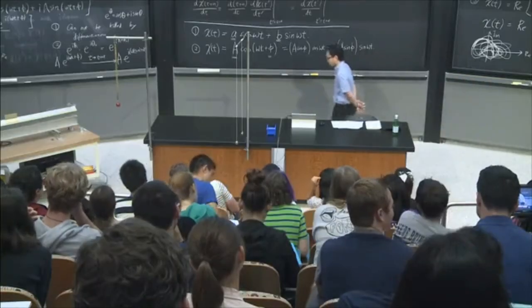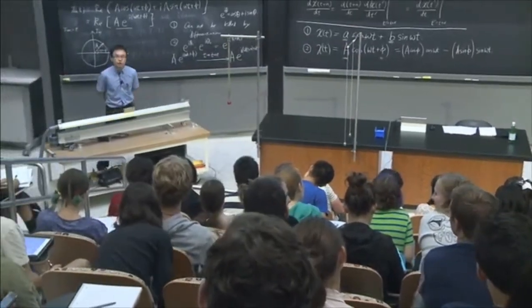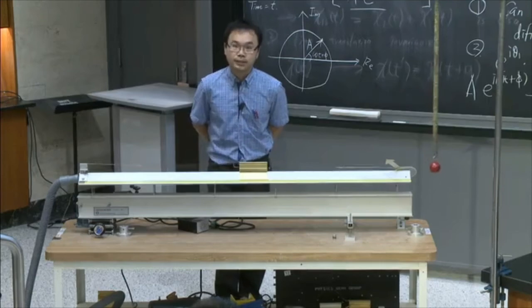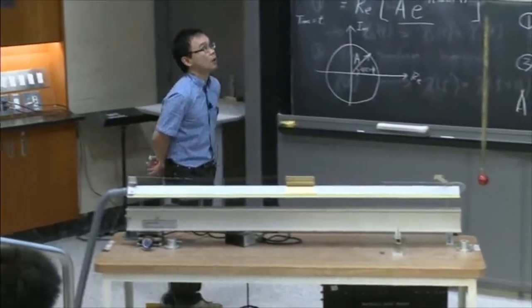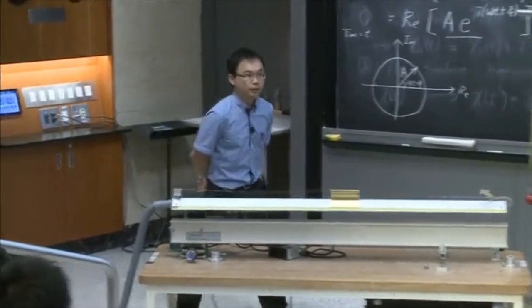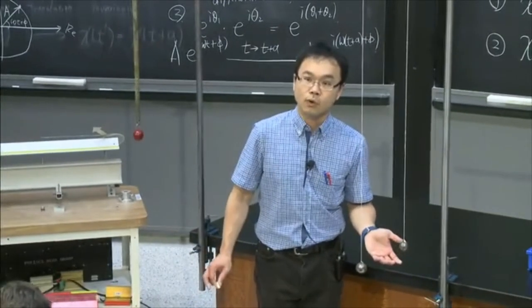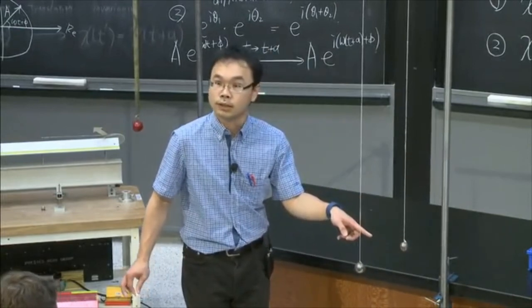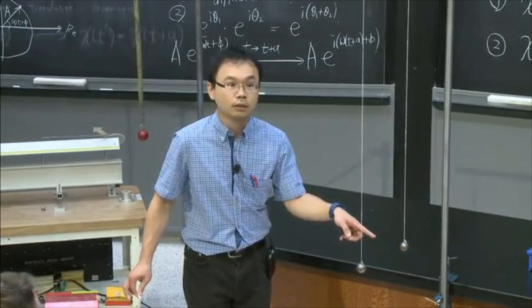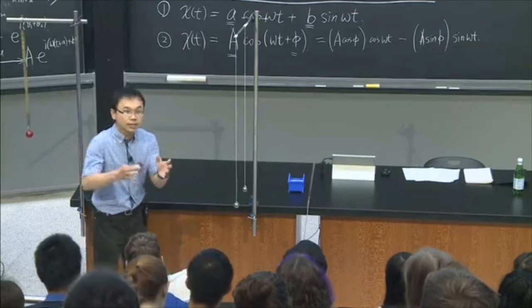However, life is hard because there are many things which we ignored in this example. One apparent thing which we ignored is the drag force. You can see that before, I was making this pendulum oscillate back and forth. What is happening now? They are not oscillating anymore. Why are they stopping? Apparently something is missing.